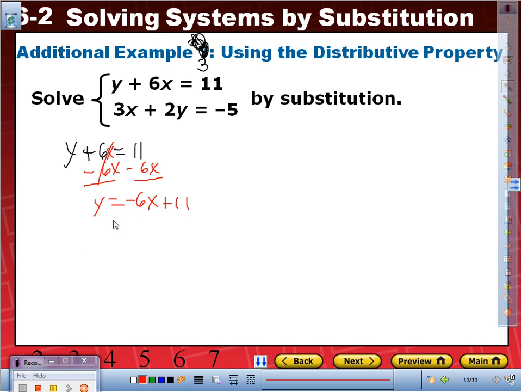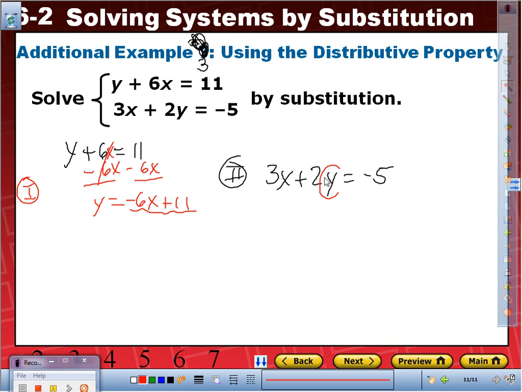So that was step 1. Step 2, let's substitute this one into the other one. So I'm going to rewrite this one. Step 2. 3x plus 2y equals negative 5. But what is y? Negative 6x plus 11.